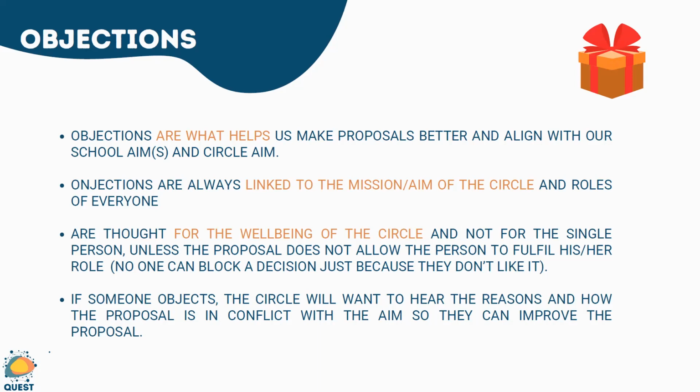That's also very important, and it creates a sense of togetherness with students when you know that you object to something because you want to create a better environment, and that this proposal might be harmful not only for you but for the well-being of the circle.